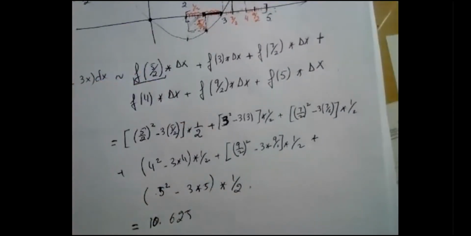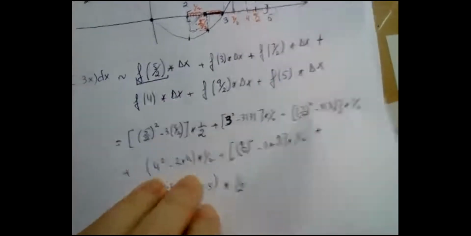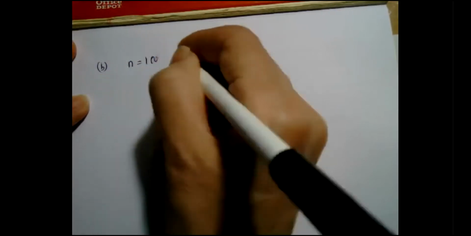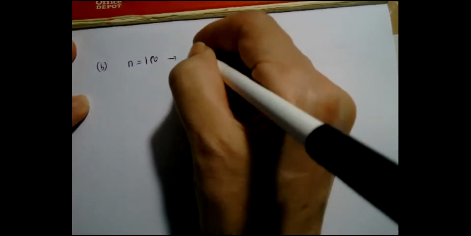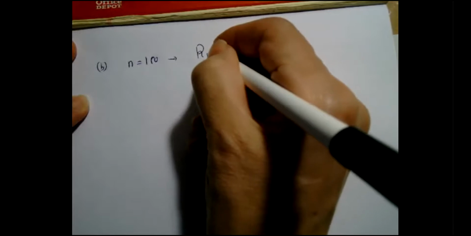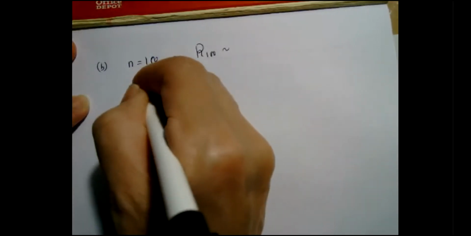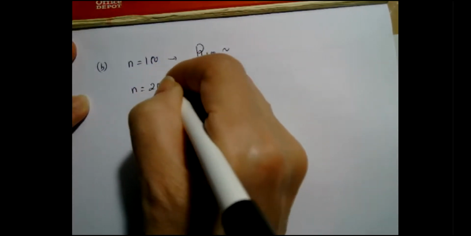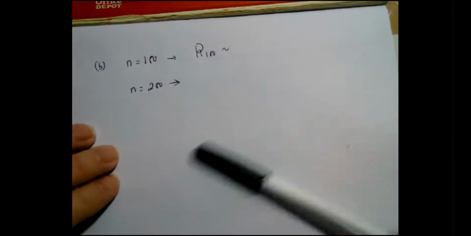So if I take 100 pieces, then the Riemann sum with 100 pieces, I'm going to pull it out from the website I gave you.